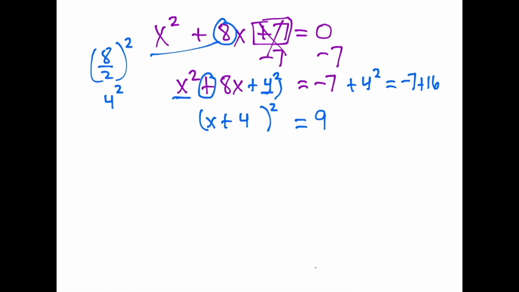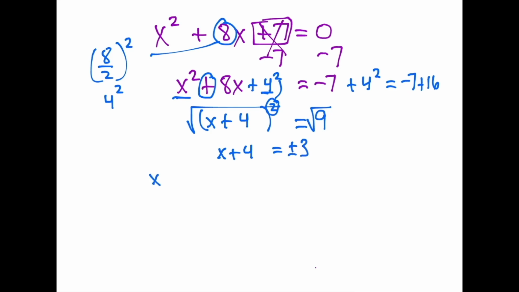The next step is to get rid of the square, and you get rid of it by square rooting. What you do to one side, you must do to the other. The square root and the square cancel, leaving the x plus 4. And the square root of 9 is plus or minus 3.